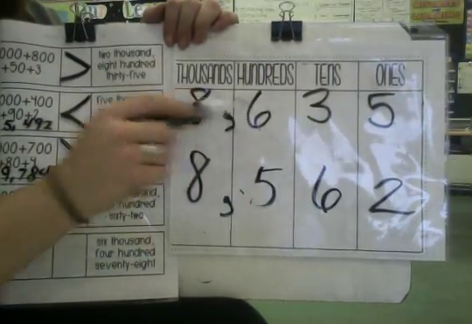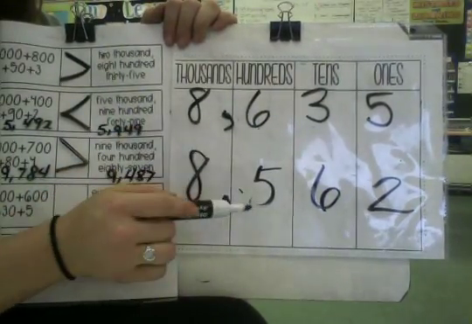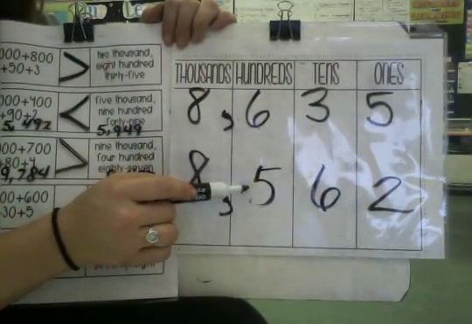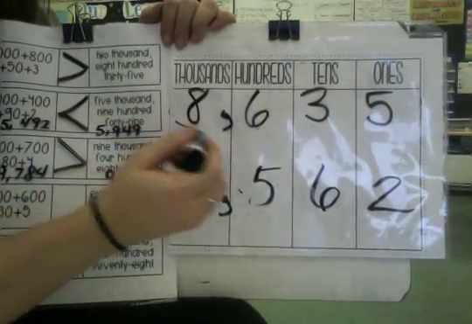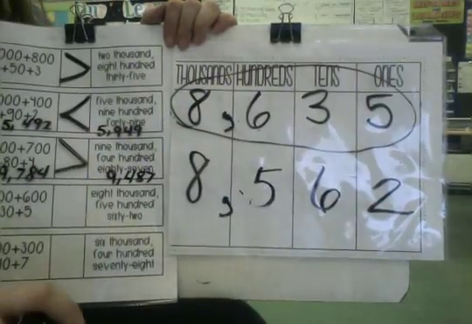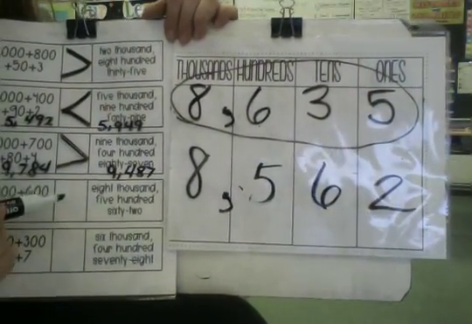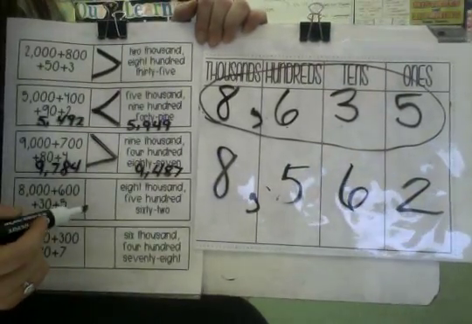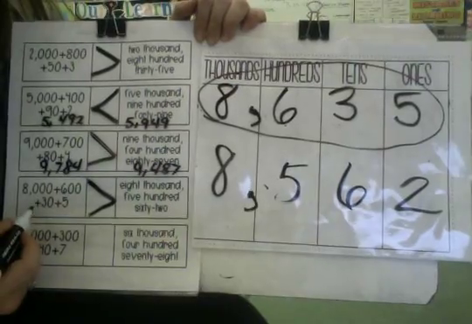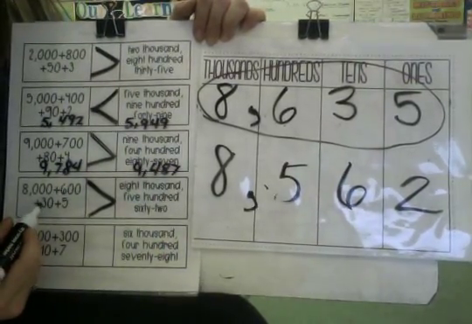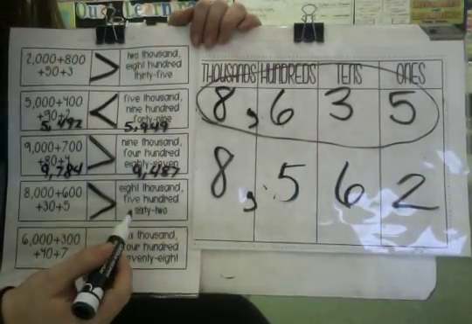Yeah. Our top one here is our greater number, because 600s is more than 500s. 500s is less than 600s. So this has got to be our greater number. So what symbol are we going to use here? Yeah, our alligator has got to go this way, because 8,635 is greater than 8,562.